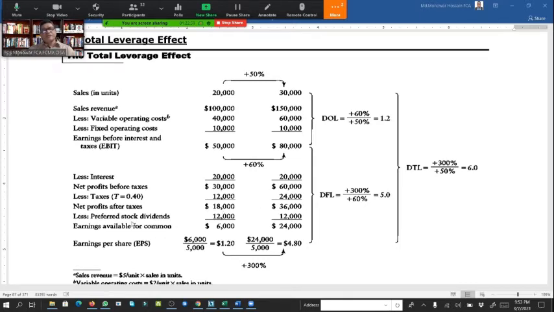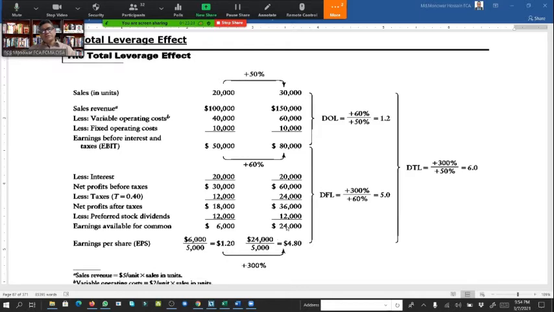So preference stock dividend has to be deducted from here. So earnings available for the common shareholder is $6,000, and here at the level of 30,000 unit sale, $24,000 earnings available for the common shareholder. So look here, this 6,000 if we divide by number of shares 5,000, earning per share would be $1.20.